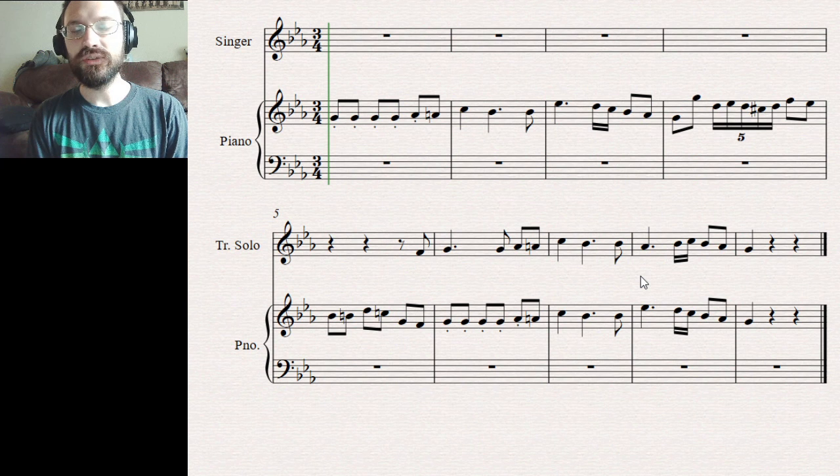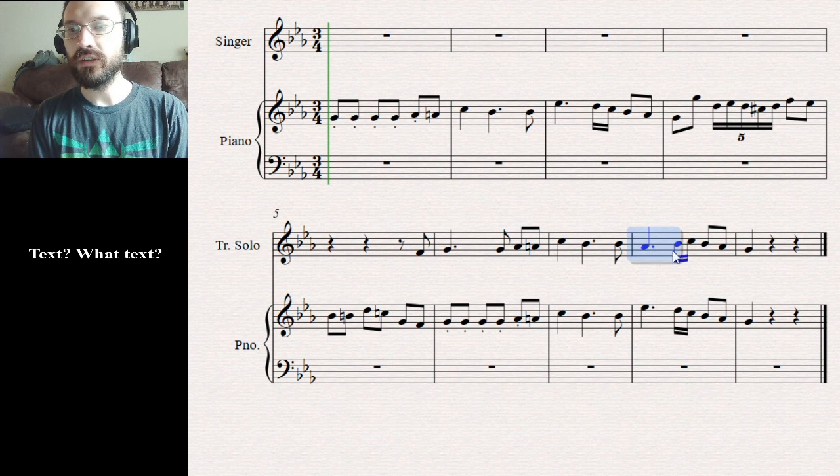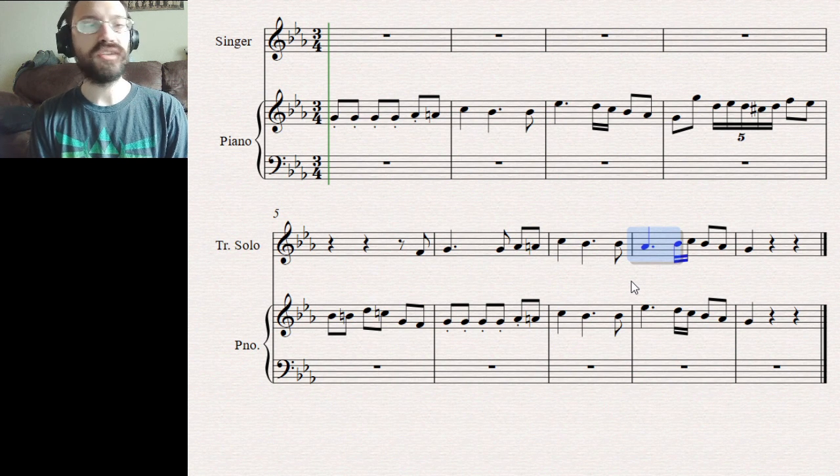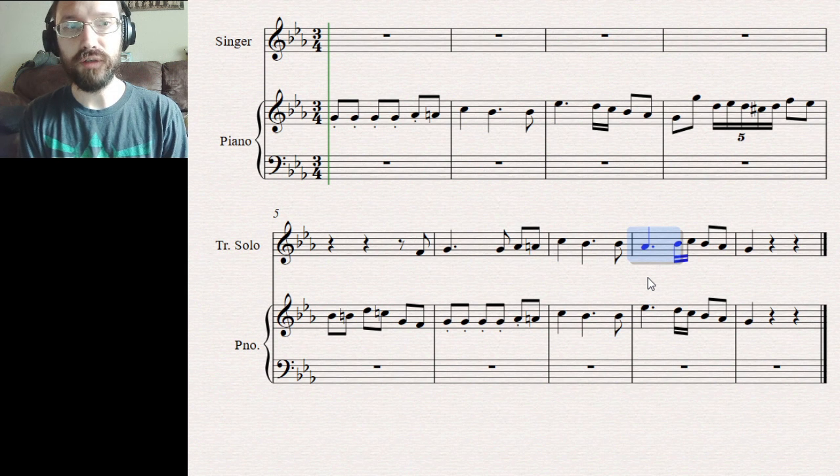This actually happens at an interesting moment for the text. The word that is set on these two notes, starrte, basically means staring. And this is the poet, the speaker, staring at the image of their beloved.